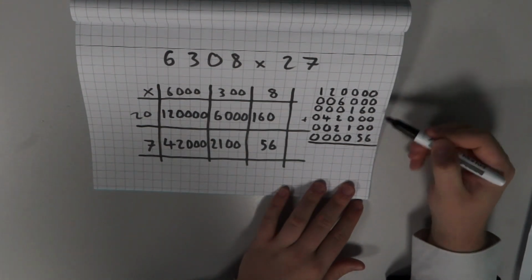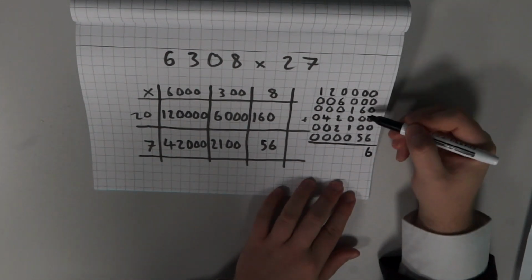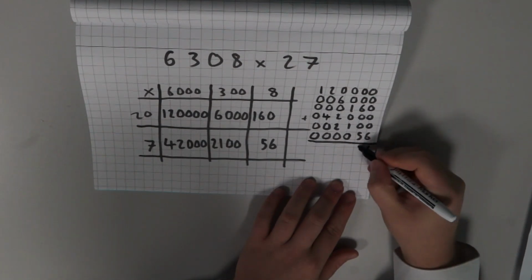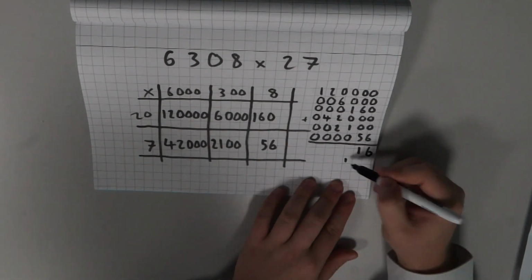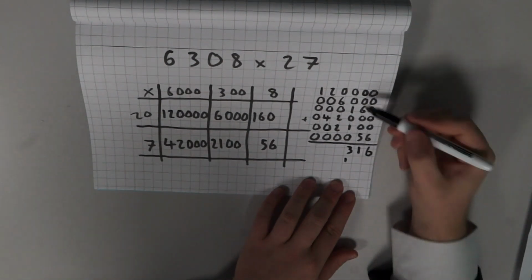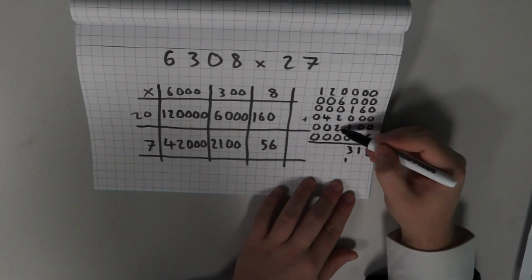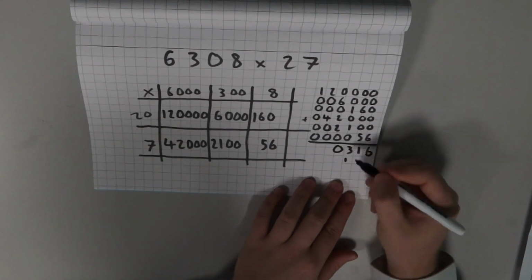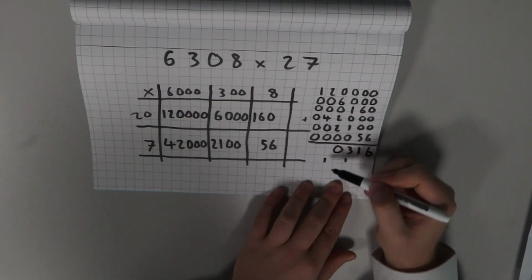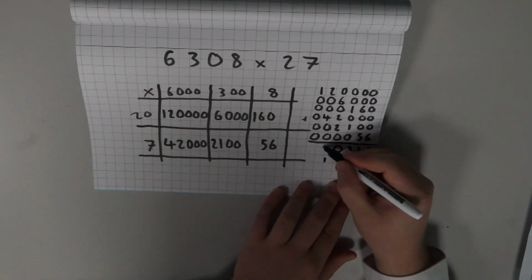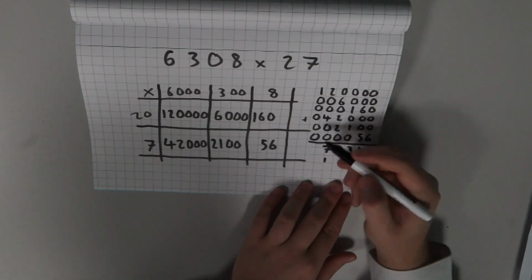Going along this column, I've just got zeros and 6, so zeros add 6 gives me 6, 6 add 5 gives me 11, so 1 there, carry the 1. 1 add 1 gives me 2, add the extra 1 I've got is 3, 6 add 2 is 8, 8 add 2 is 10, so put 0 there, 1 underneath, and then 2 add 4 is 6, add the 1 I've already got is 7, and then lastly 1, add all these zeros, just gives me 1.